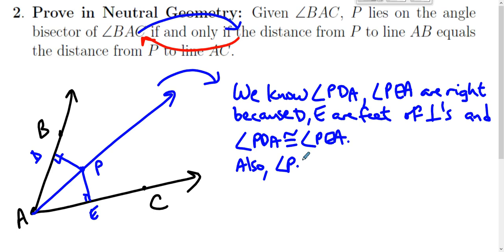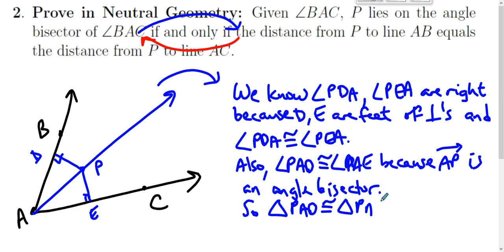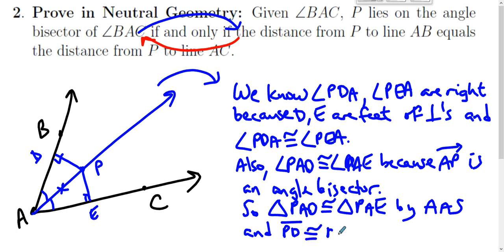Also, angle PAD is congruent to angle PAE because AP is an angle bisector. So triangle PAD is congruent to triangle PAE by angle side. And PD is congruent to PE by correspondence.